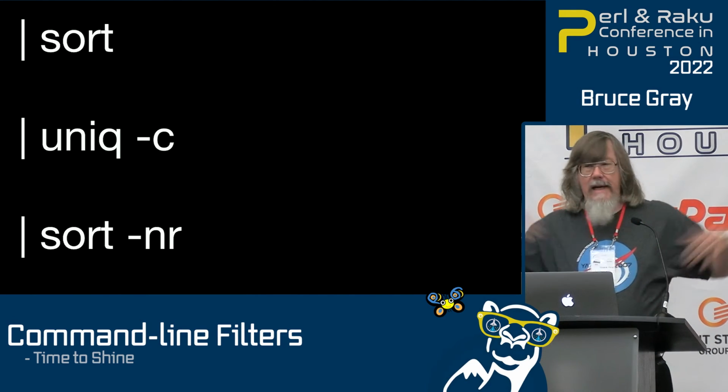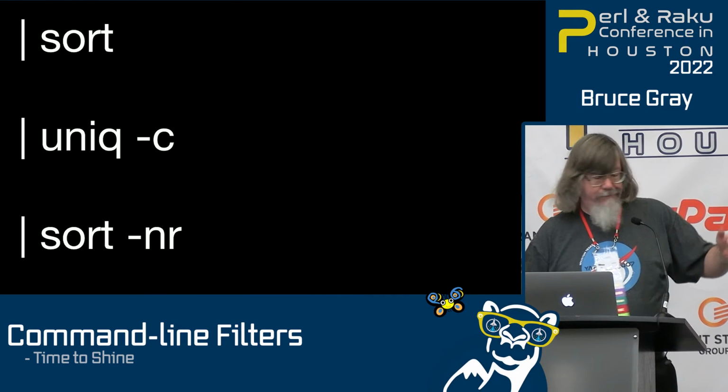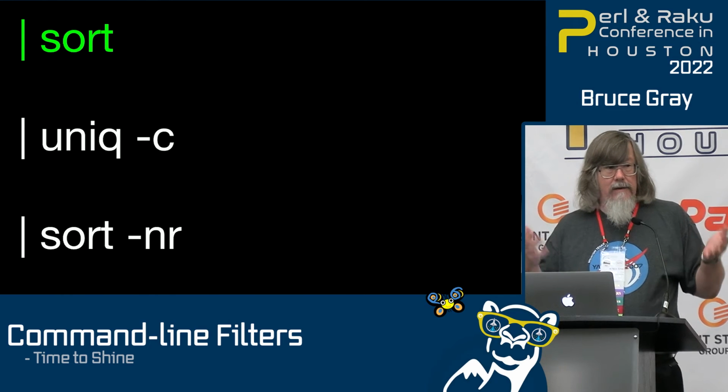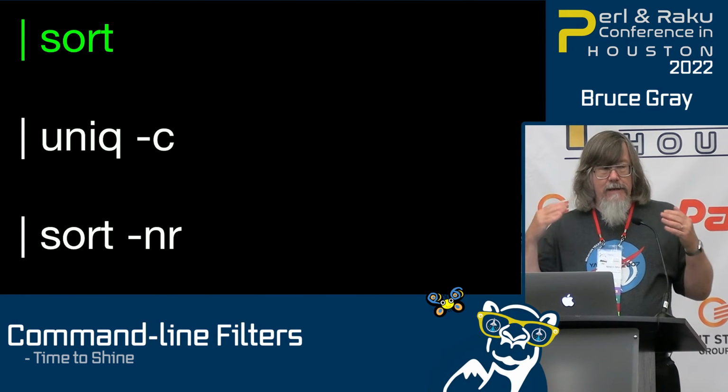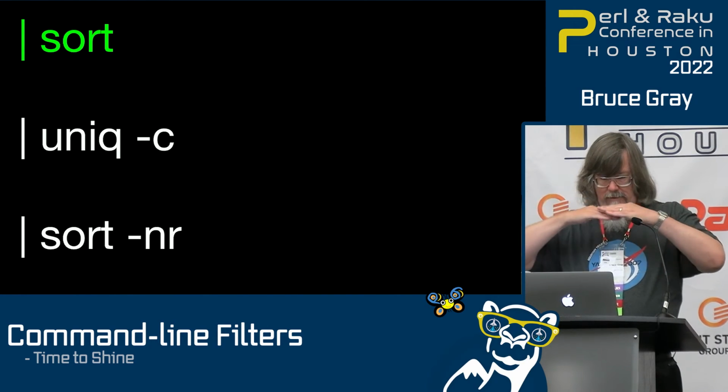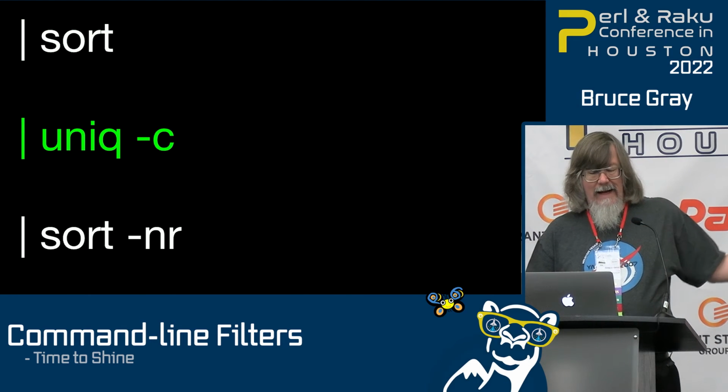So you have many lines of data coming in. You pipe it to sort, not because you care about getting it in a particular order, but just to make sure that any lines that are identical are together. They need to be like touching. That gets piped to uniq, which compresses duplicate lines into one line.